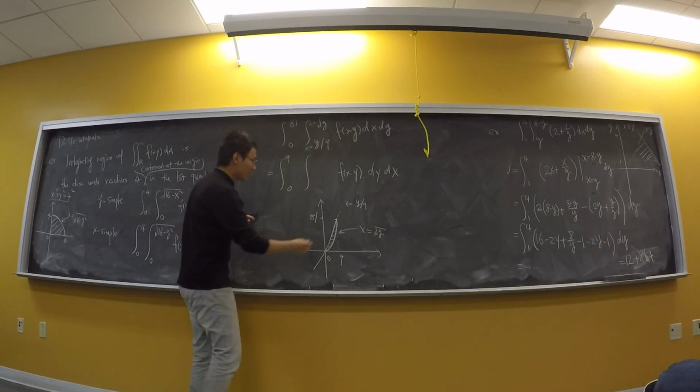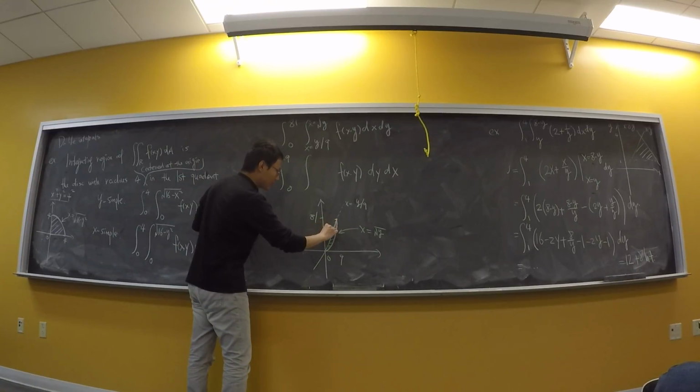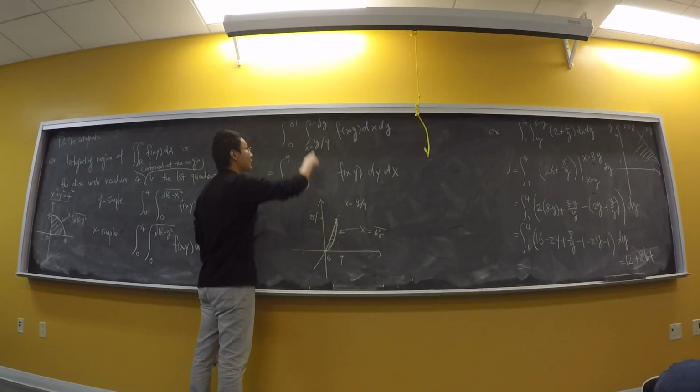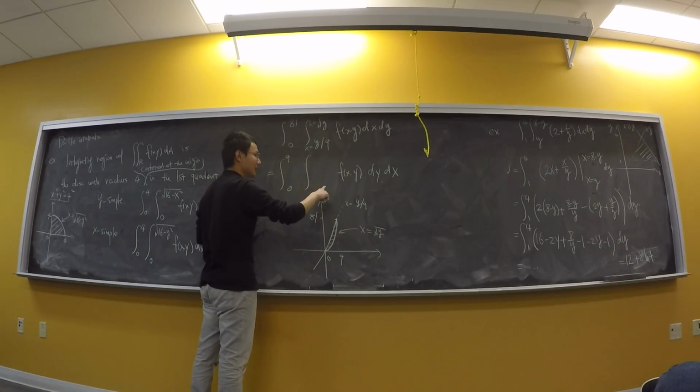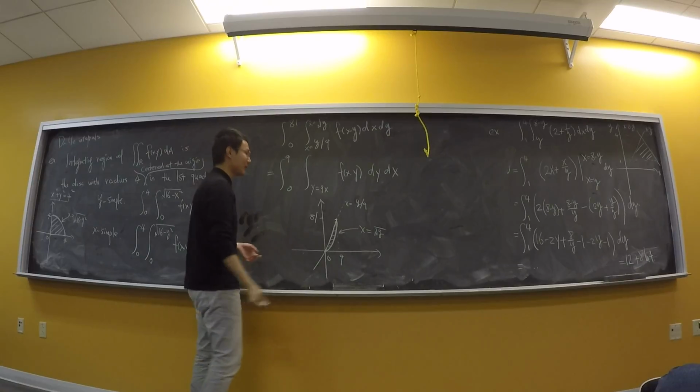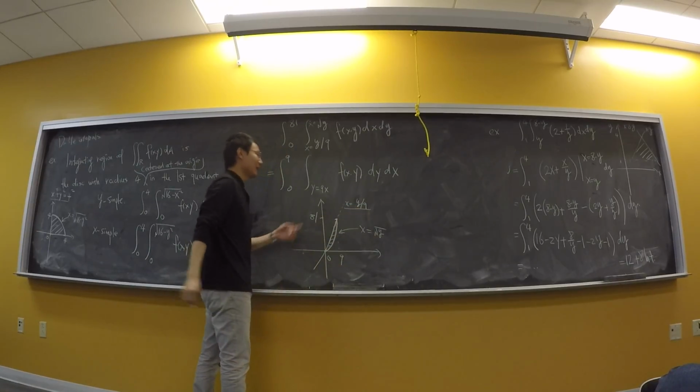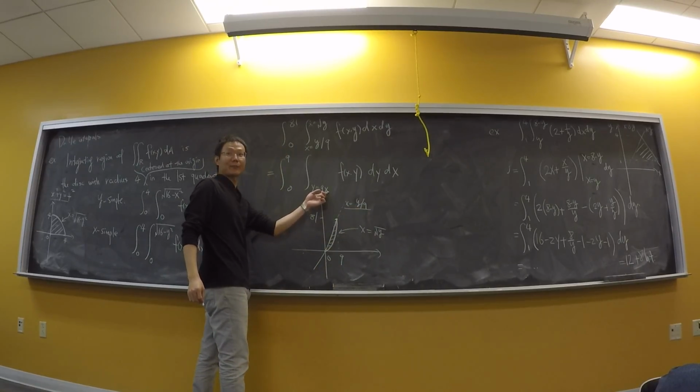Okay? So I need an equation of this straight line, but in terms of x equals something for y, I want y equals something for x. So this is going to be y is equal to 9x. So the only thing you're doing here is rewriting this equation in terms of x. Okay?